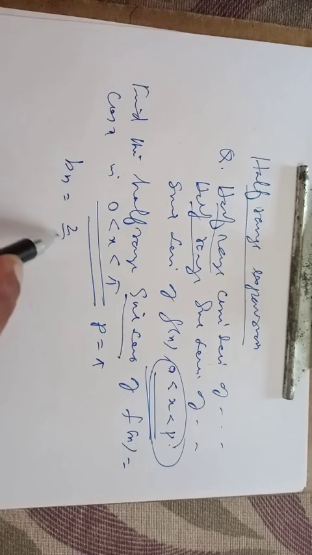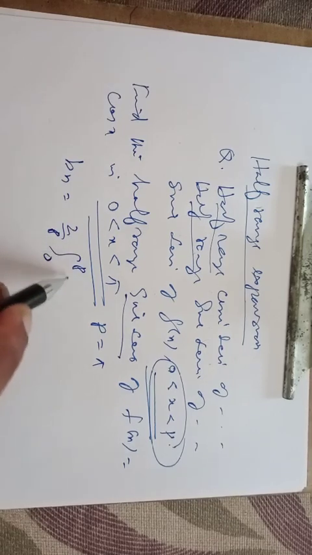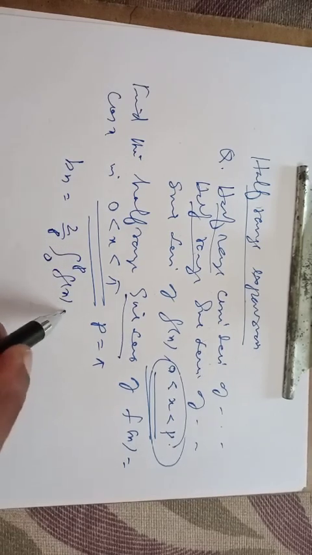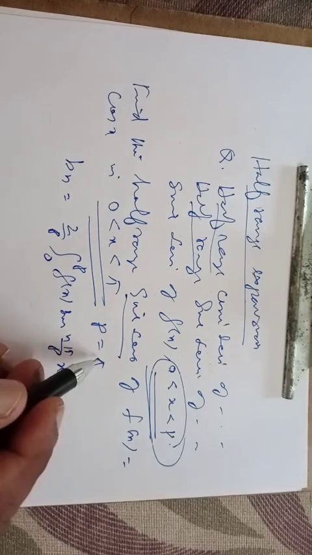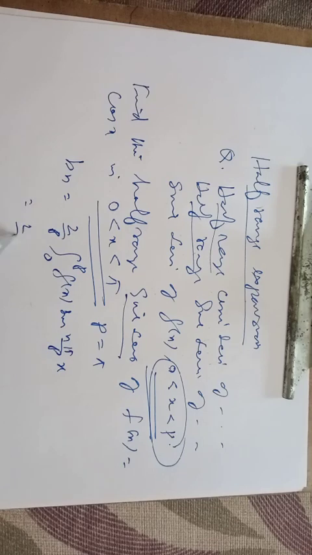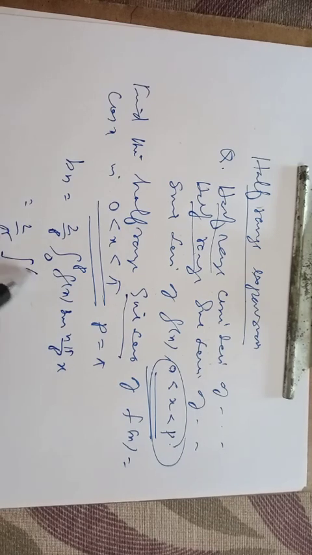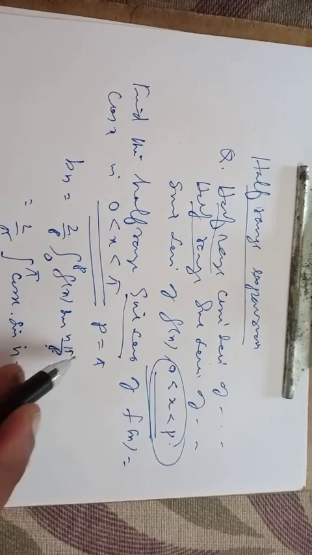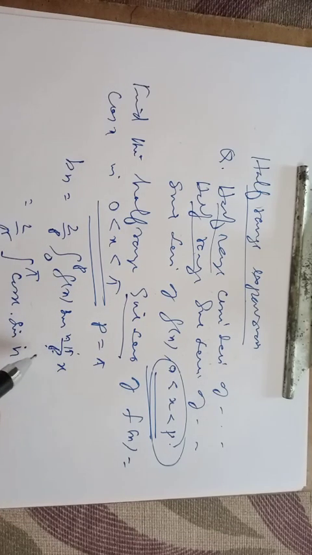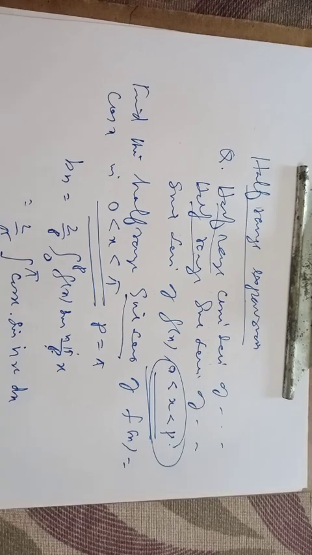Formula is 2 by p integral 0 to p f of x into sin n pi by p x, and p equal to pi here, it will be 2 by pi integral 0 to pi f of x is cos x into sin n pi by p x. For p we are writing pi and pi cancels, we are getting sin nx dx.